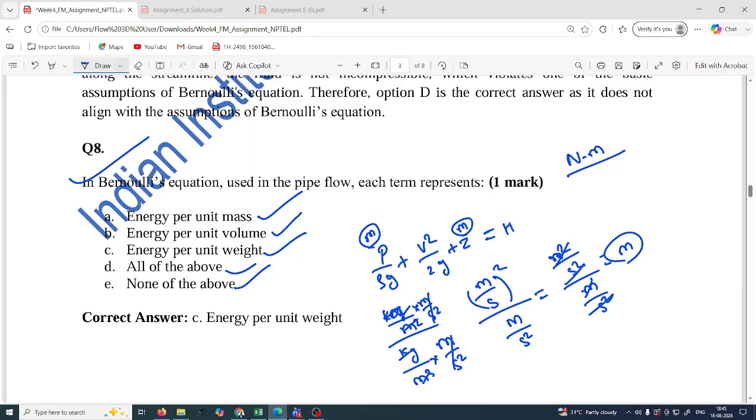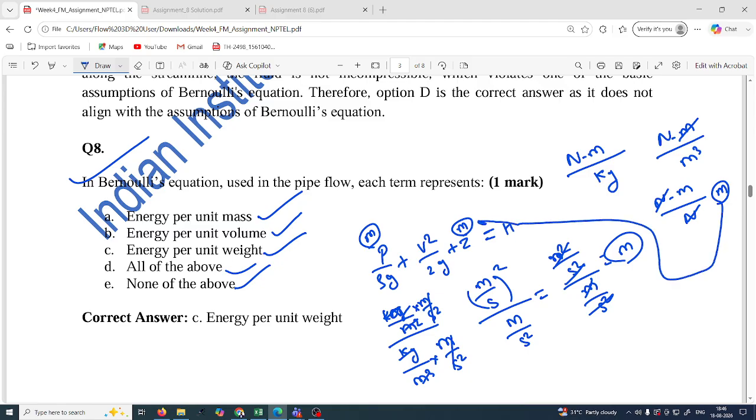Per unit mass it is Newton meter per kg. Next, Newton meter per meter cube, that is volume. Newton meter per unit weight, meaning Newton, so Newton will cancel out and you will remain with meter, matching with this.